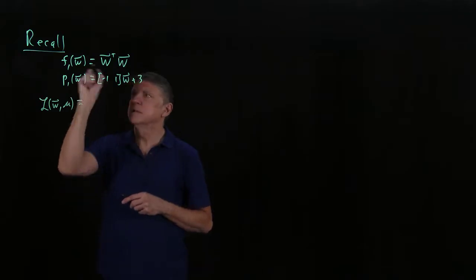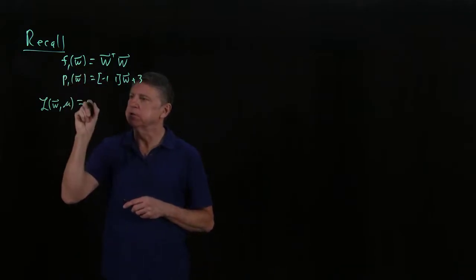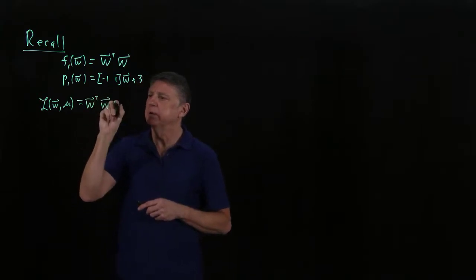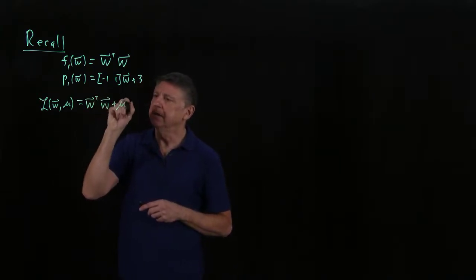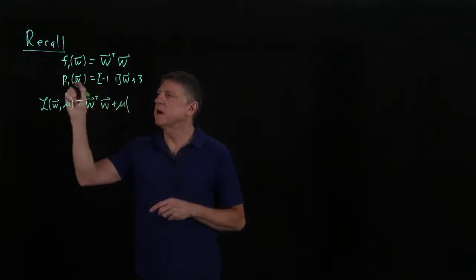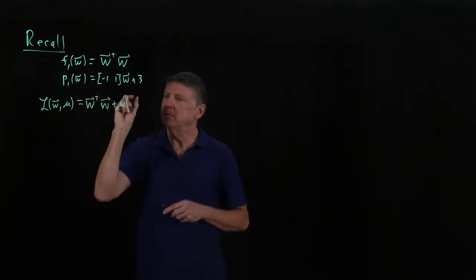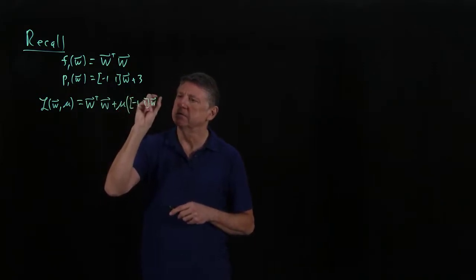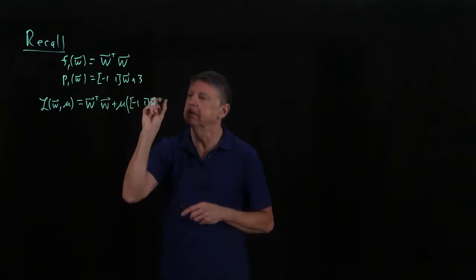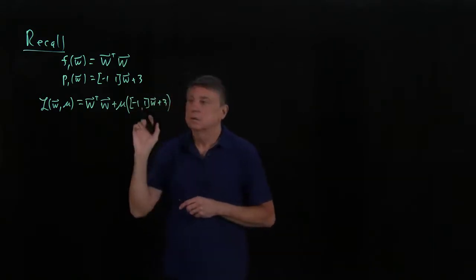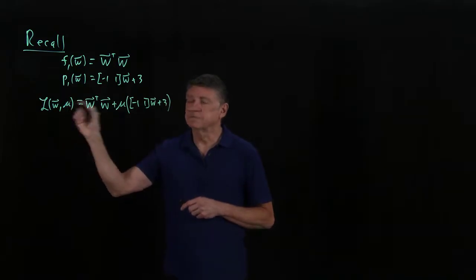We write down the objective function, W transpose W, and then we add the Lagrange multiplier times the property function, so that would be minus 1, 1 times the vector argument of the objective plus 3. So now we have the Lagrange function.